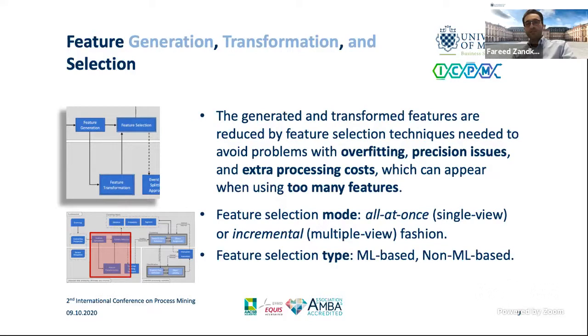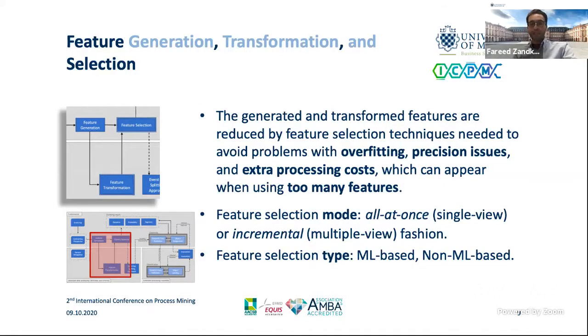In the last step of the pre-clustering phase, the generated and transformed features are reduced by feature selection techniques. Those techniques are needed to avoid problems with overfitting, precision issues, and extra processing costs, which can appear when using too many features.